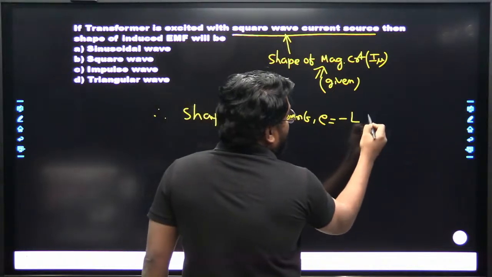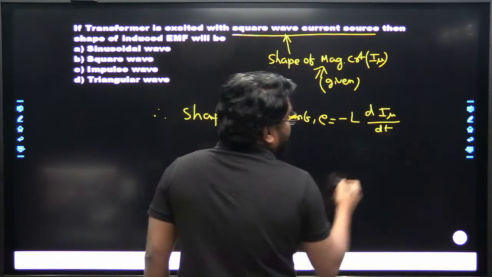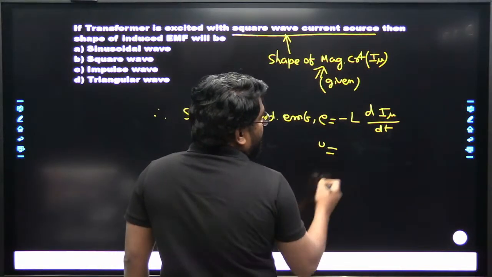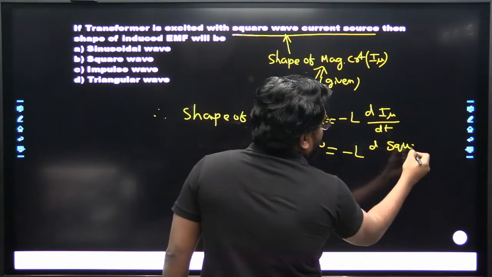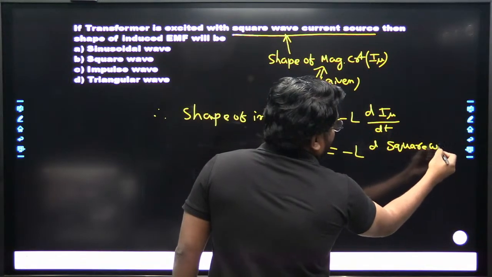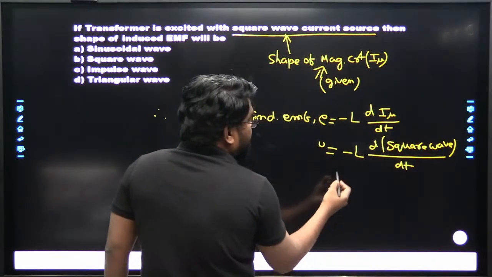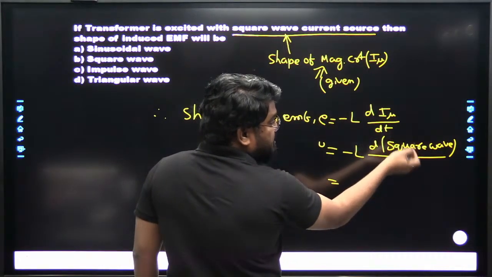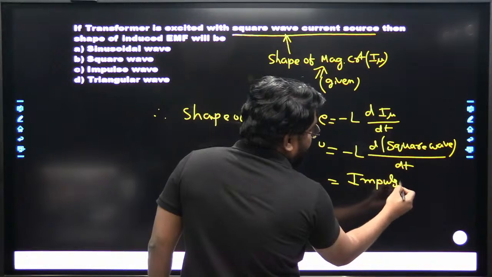So E is equal to minus L di by dt, the differentiation of the square wave with respect to time. Simplifying, the differentiation of the square wave with respect to time is an impulse wave.